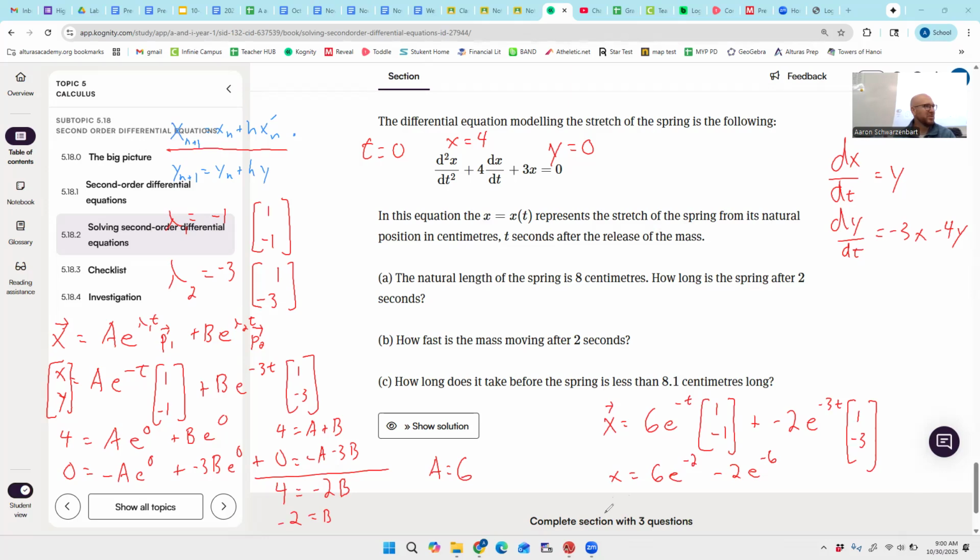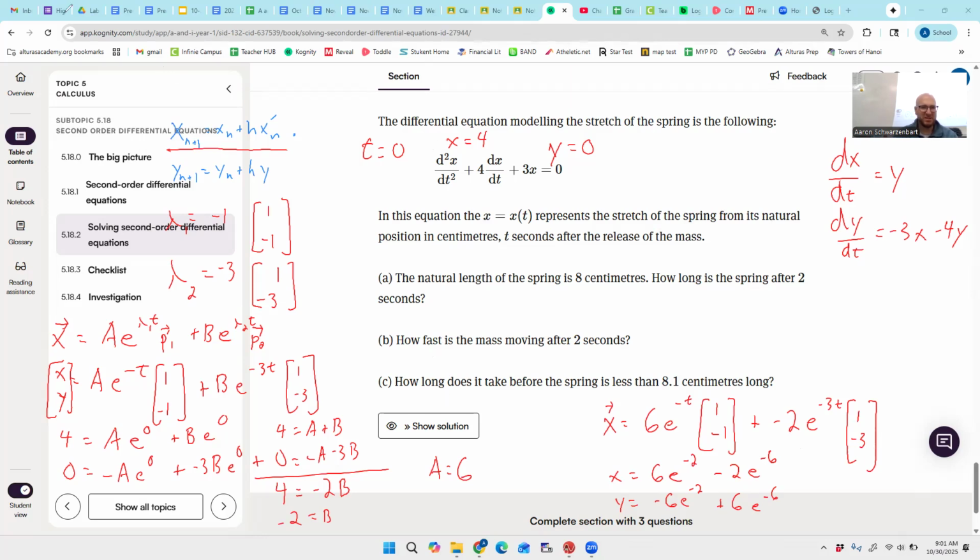Ultimately, this is going to be my change in x. Y equals negative 6e to the negative 2 plus 6e to the negative 6. So I multiplied by the bottom row.